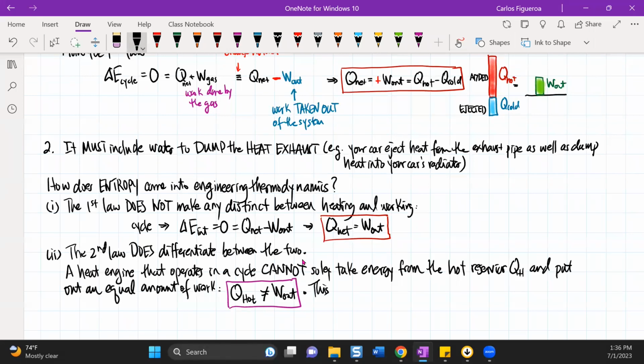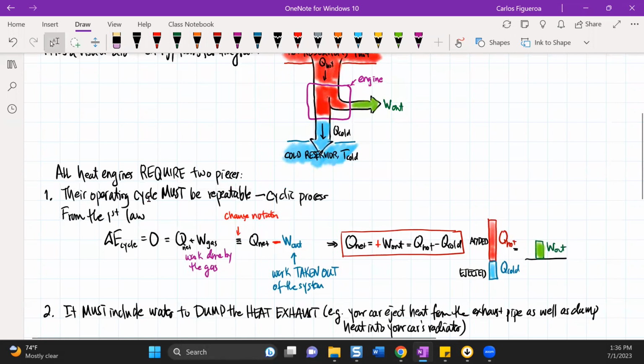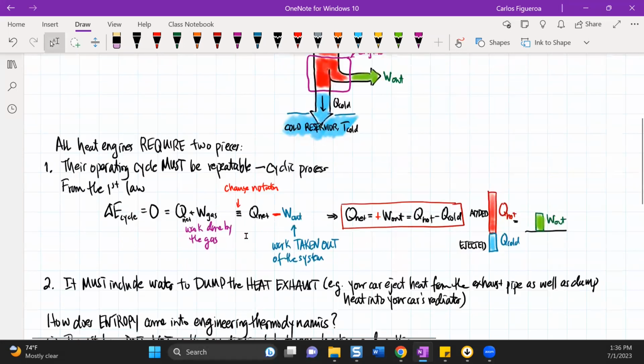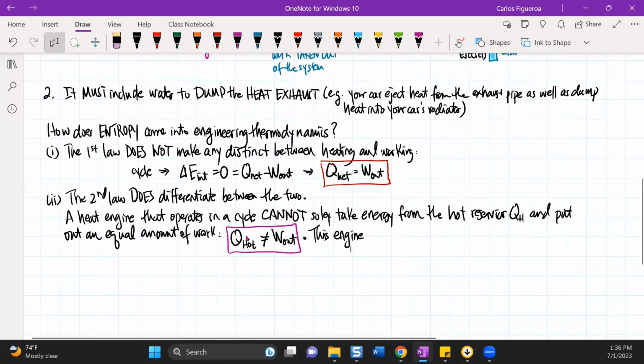This engine, and remember what we said about what kind of engine, it has to operate on a cycle. Okay, it has to operate on a cycle. This engine cannot be constructed, and we'll get to those details in a moment.